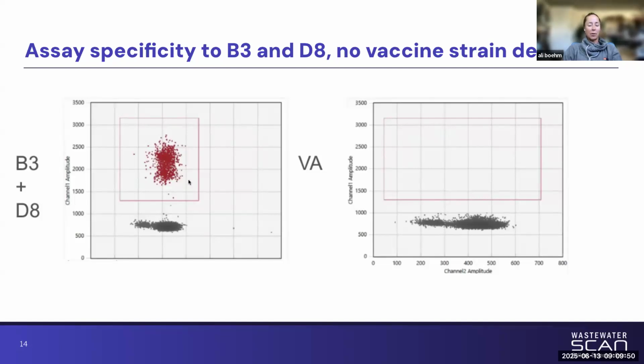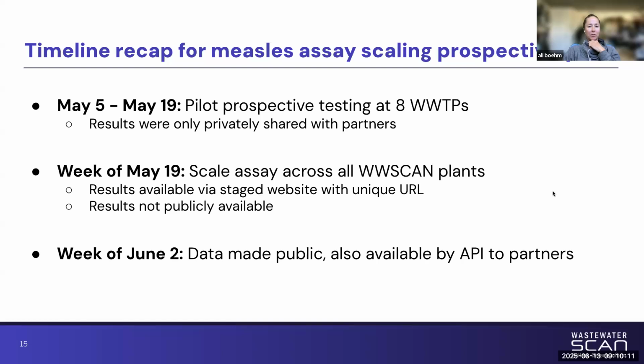On the right are a bunch of droplets with the vaccine sequence in it, and you can see that there are no positive droplets in that red box. So this is just a way to visualize that the assay is specific to wild type measles B3 and D8, and it does not detect the vaccine strain. And this is the assay that we've used.